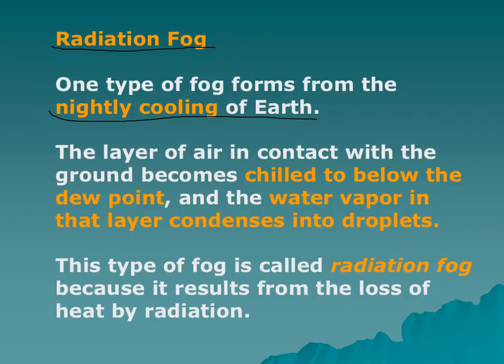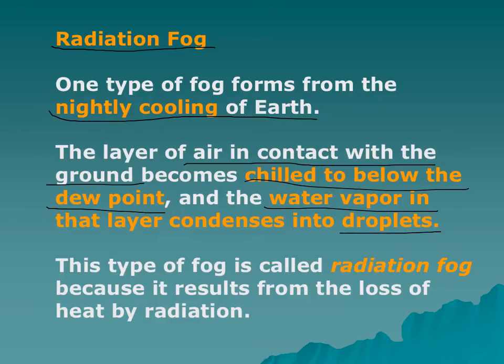So, if the air on contact with the ground gets chilled below the dew point, remember the dew point is the point where water condenses, the water vapor will condense into droplets, or fog.